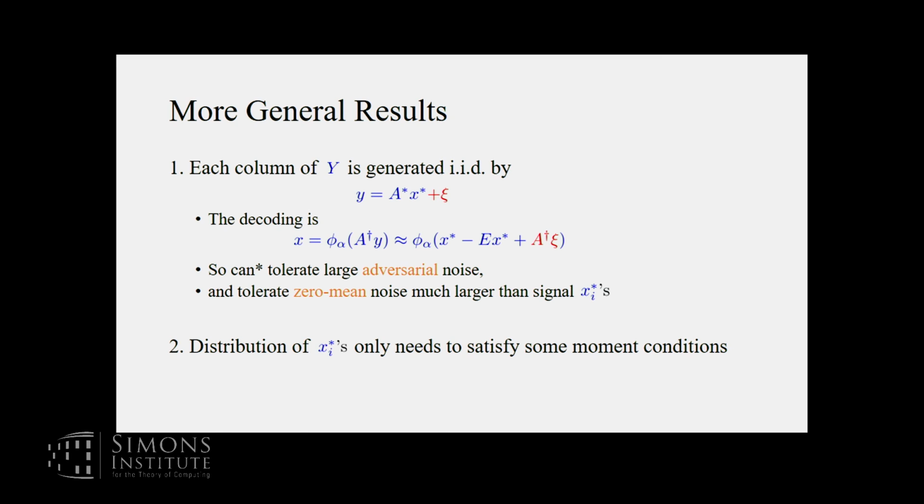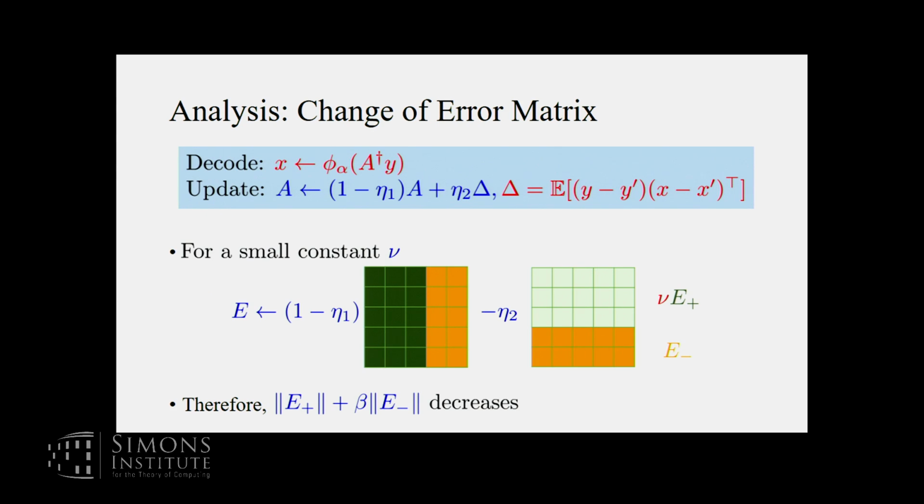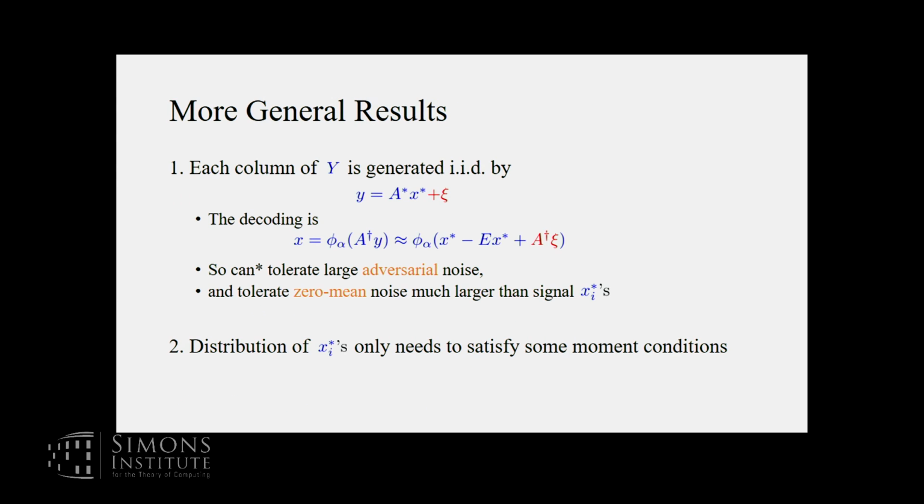So it's adversarial, so it's not IID? Yeah, in this setting, there is no assumption. If you have zero mean, then you can. It's basically because of the coupling of the two parts that you can use this analysis to show that you don't need much assumption.